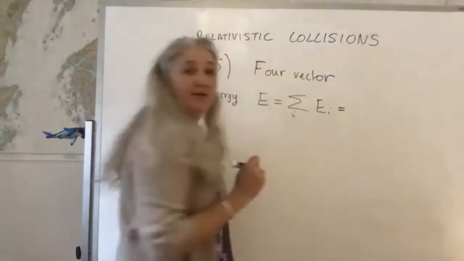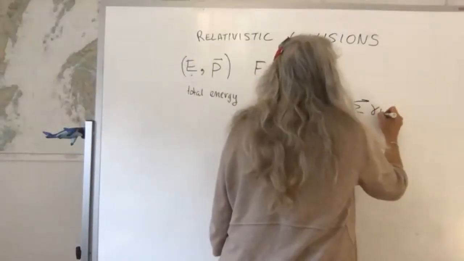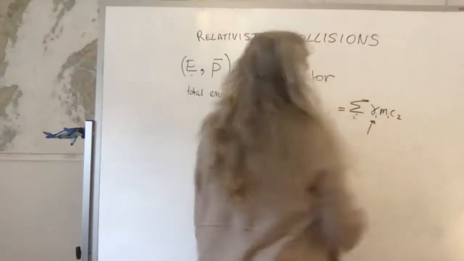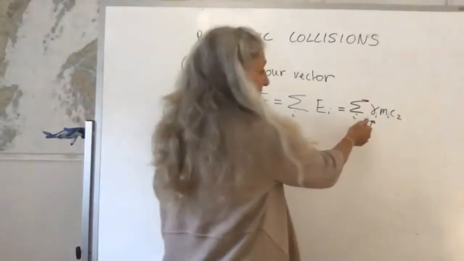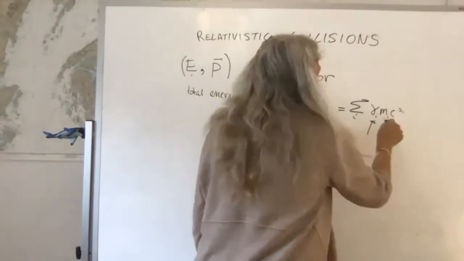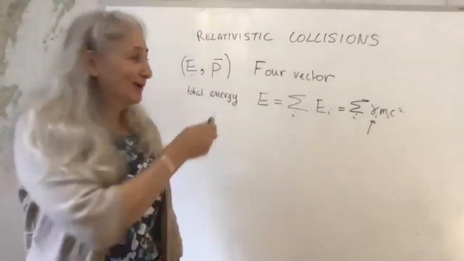When you have relativistic particles, this is gamma m c squared, where these are the Lorentz factors. Once you have defined your reference frame, you can compute the Lorentz factors for each particle. This is c squared, and these are the rest masses.